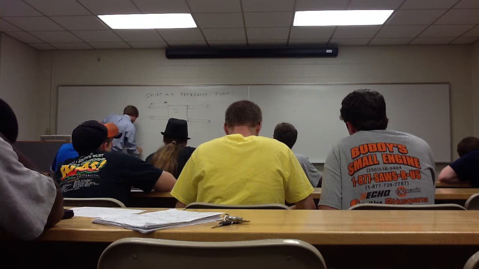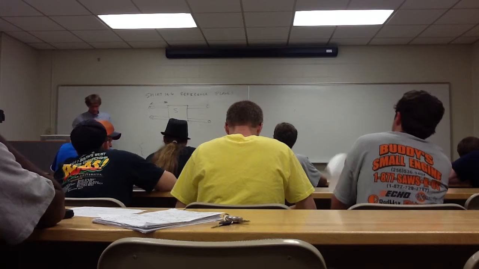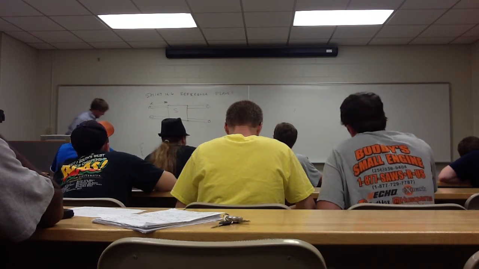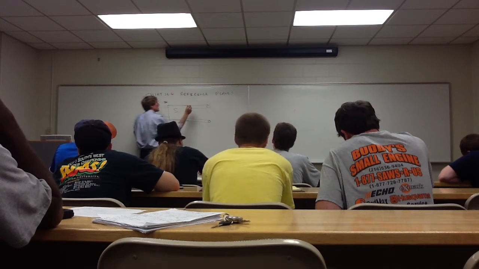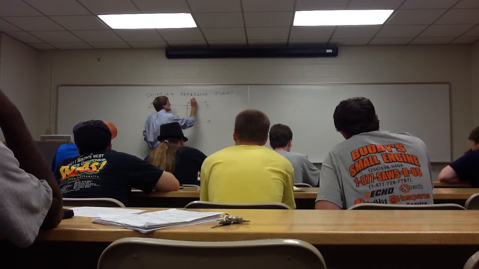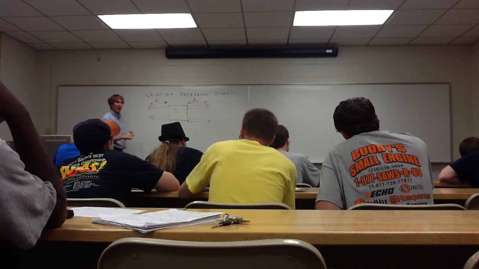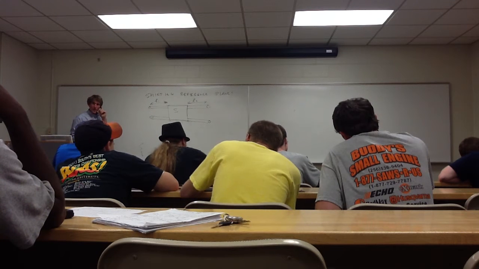So, I'm going to assume this has got some length L1. This has some length L2. Now, I want you to follow me on this and think about what I'm saying.